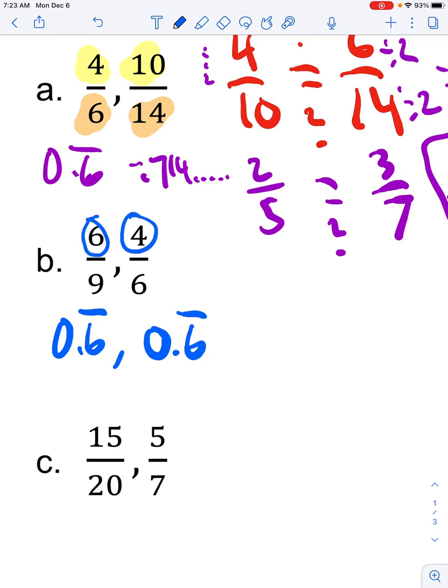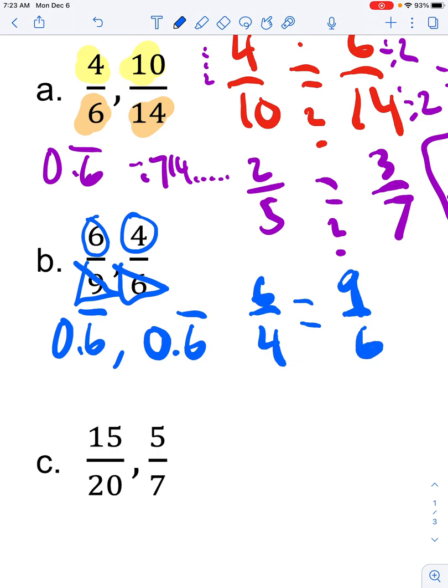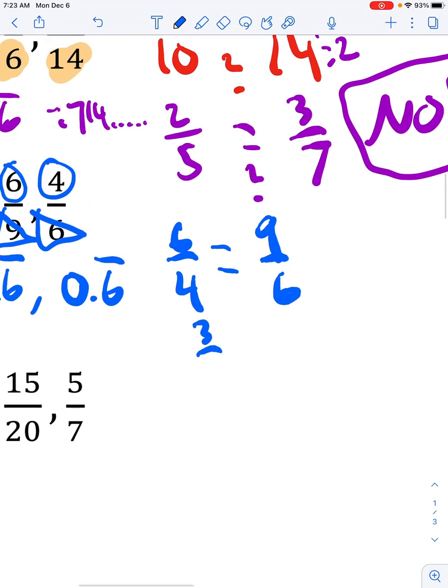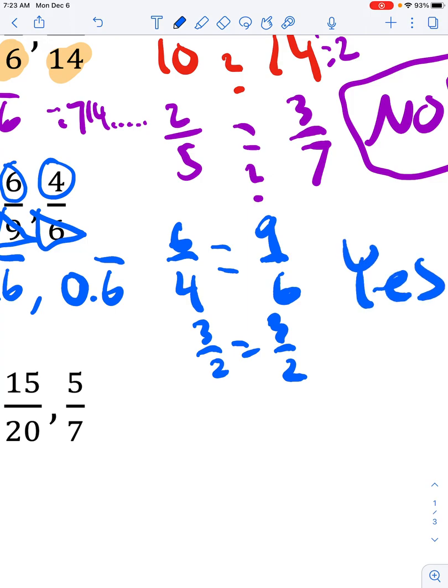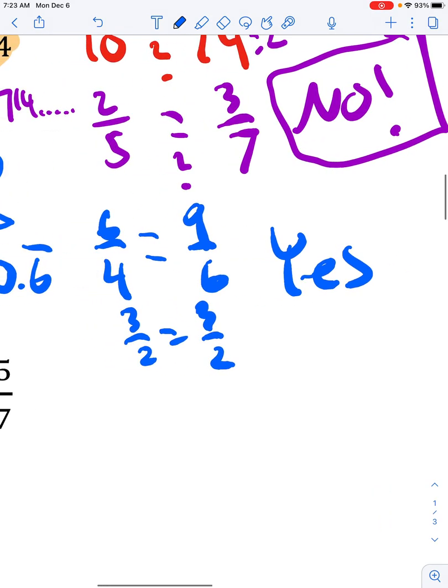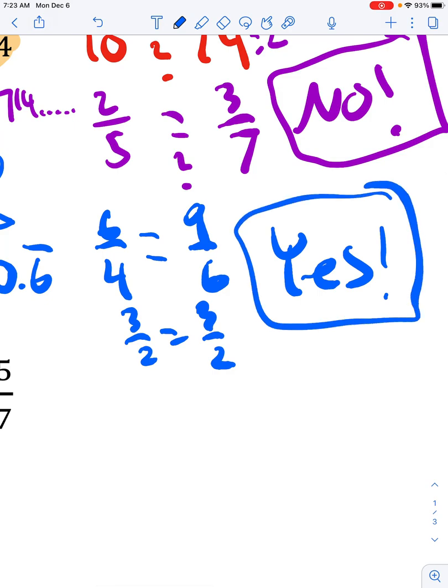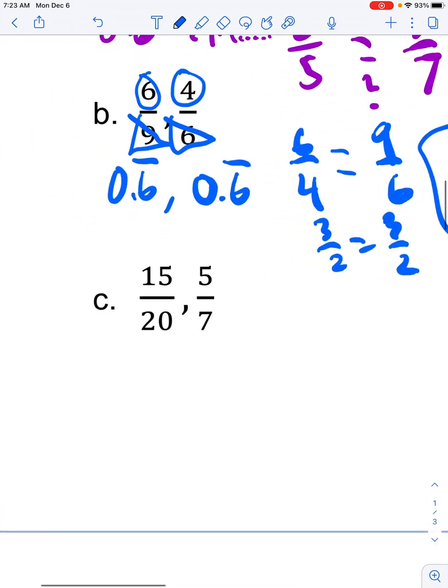So if I were to compare these two to these two, I could say 6/4 is equal to 9/6. This reduces to 3/2 and 3/2. So yes, they are proportional, because I get the same answer.